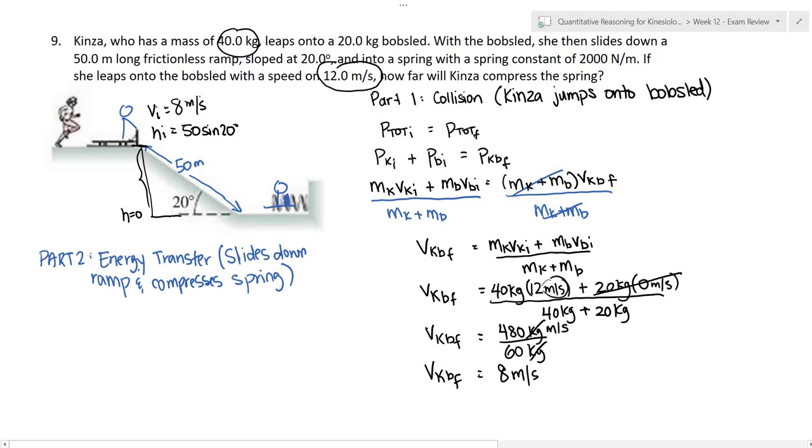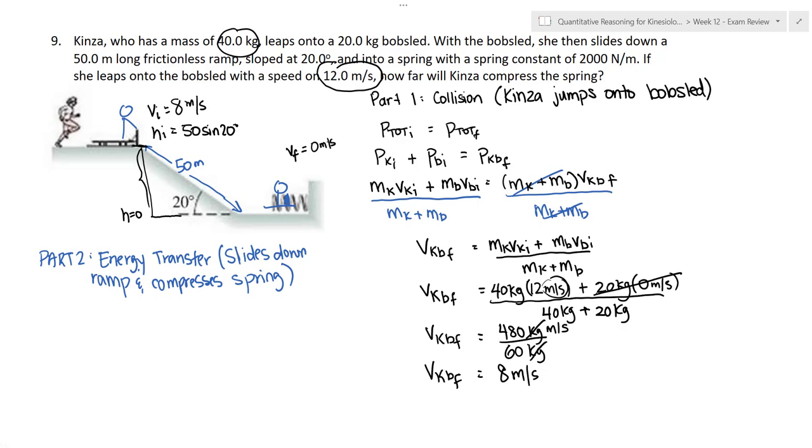Okay. Now when they're at the bottom of the ramp and they've compressed the spring to the maximum amount, what is their final velocity? Well, if they've compressed the spring to the maximum amount, then that means that they've instantly come to a stop. So if they've come to a stop there, then that means their final velocity is 0. If they haven't come to a stop yet, then that means they're still moving and still compressing the spring.